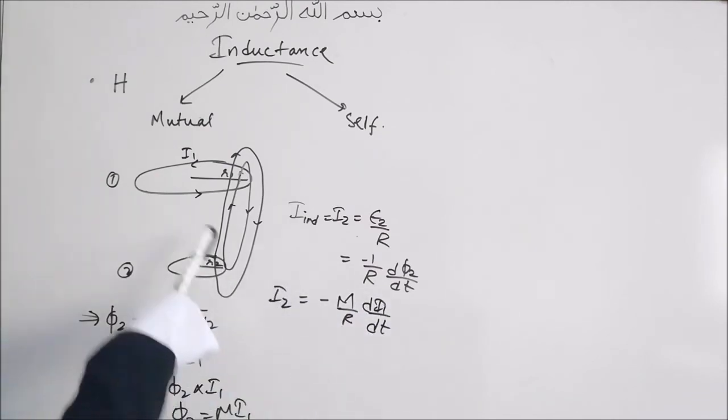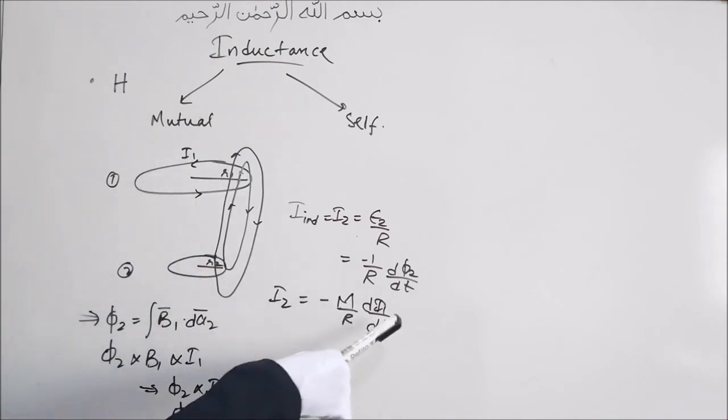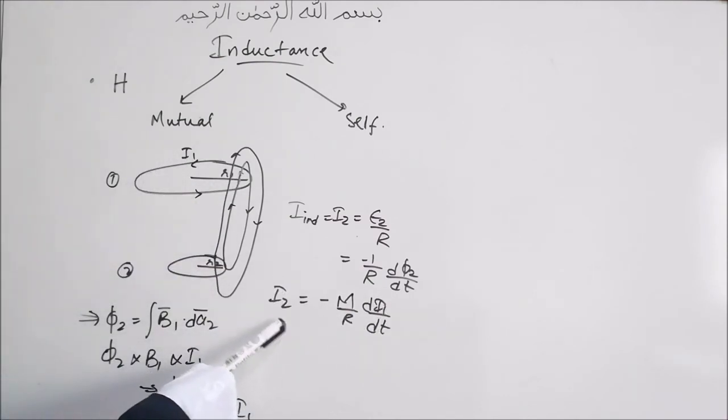So you can see that because of the changing current I1, a current I2 is induced in coil 2. This M is a purely geometrical quantity.